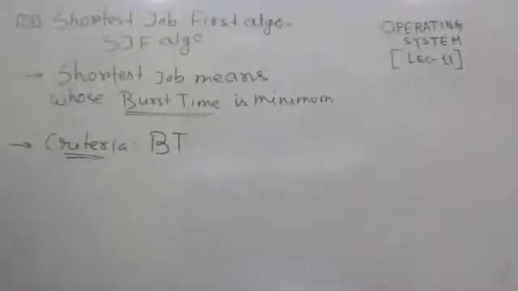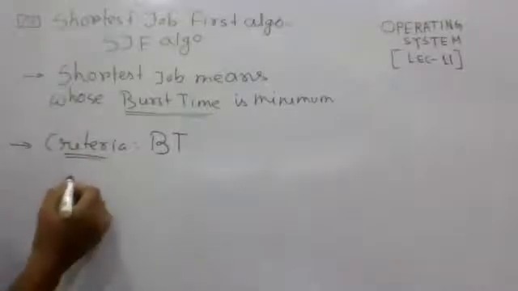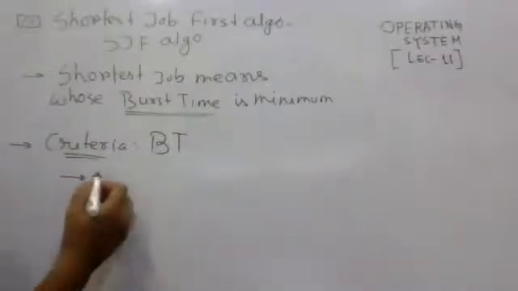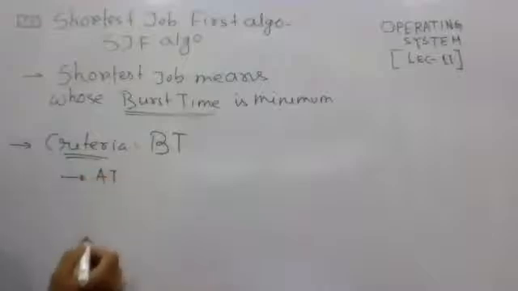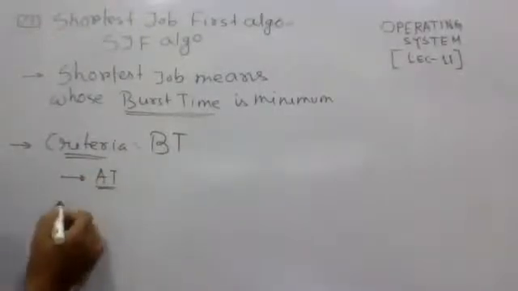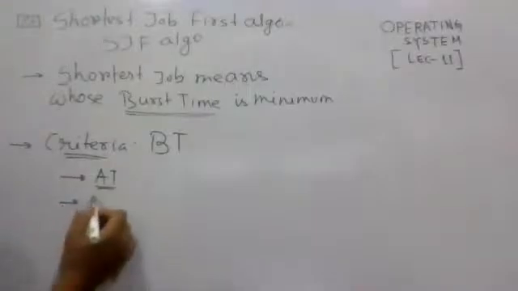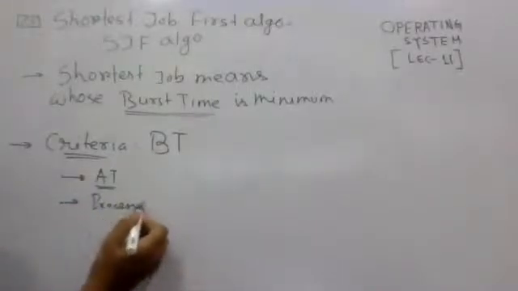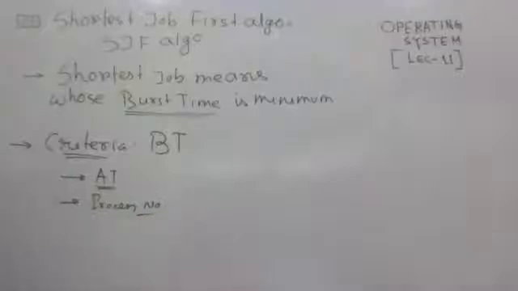The process having the minimum number, that process we have to schedule first. So the tie breakers are arrival time and process number.